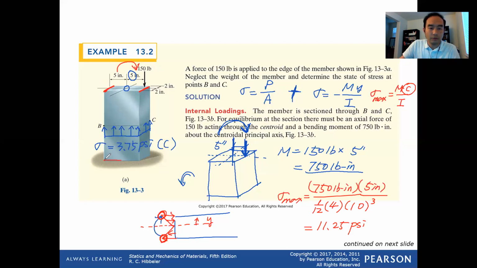So when I draw the stress distribution due to the bending moment, we will get the maximum compressive stress here, and then in the middle it's going to be 0. So it decreases from the maximum value to 0, and then it has a maximum positive, the tensile stress, at the other end here.